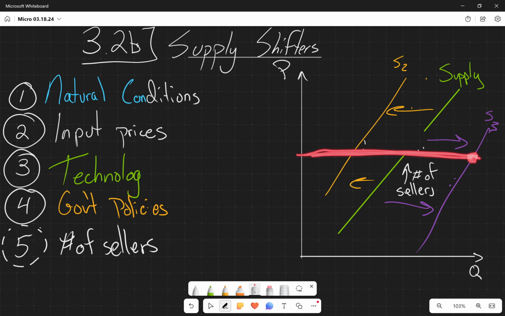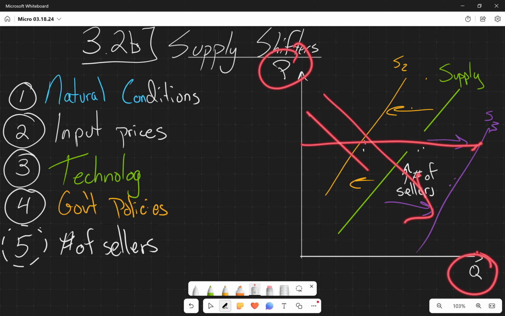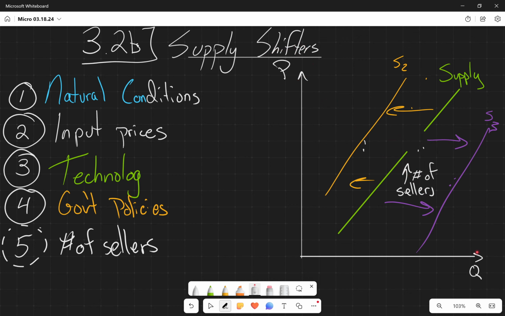Or the other way to think about it, so that's the horizontal interpretation, which we've been sticking to, because at the end of the day, it is price that is driving our quantity and not the other way around. However, we can always flip it and do a vertical interpretation. And again, the way that I drew these is far too large. It's probably going to be something that's a much smaller shift.